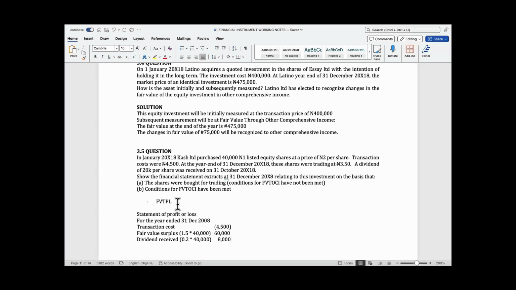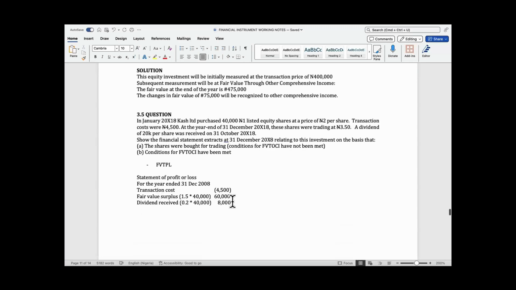So all in all, this is my statement of profit or loss. And I know you will know how I got this 1.5. It's 3.5 minus 2 naira.